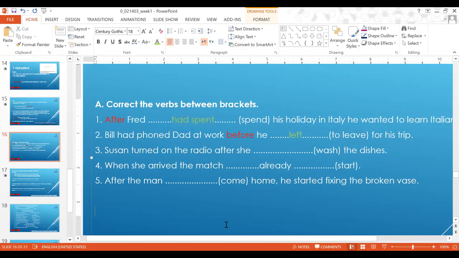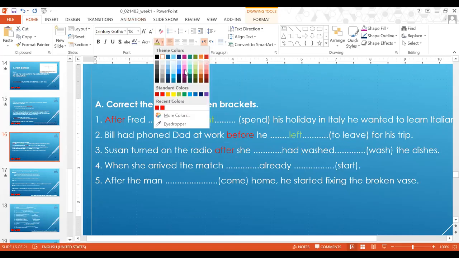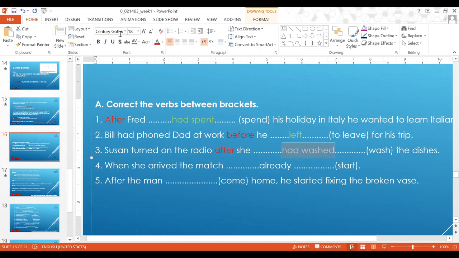Okay, next one. Kamal. Susan turned on the radio after she had washed the dishes. Thank you so much. Had washed. Amazing. You have here after, and we know after is followed by the past perfect.